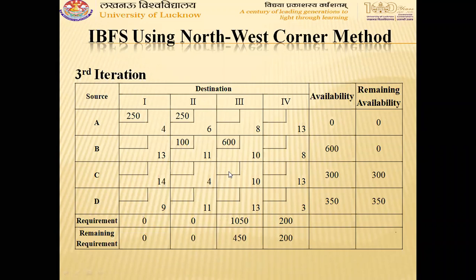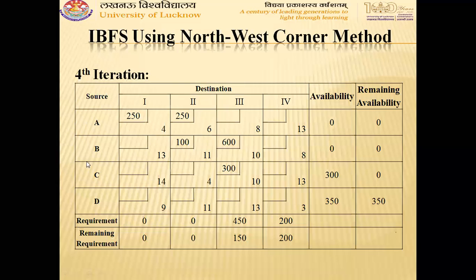After allocating 300, our availability becomes 0, and the requirement remains 150, that is 450 minus 300. Now the third source can also be eliminated.